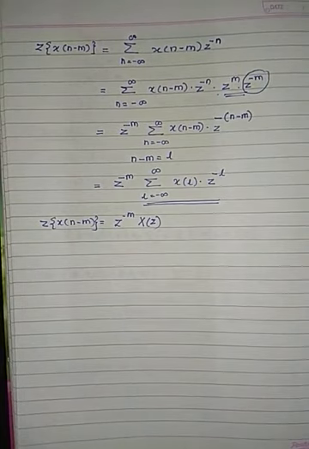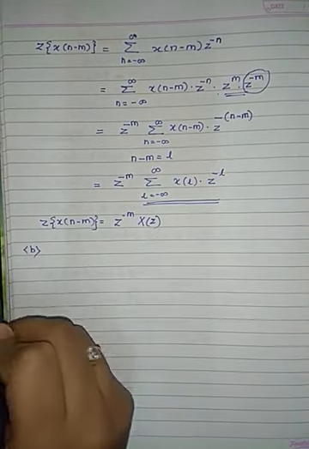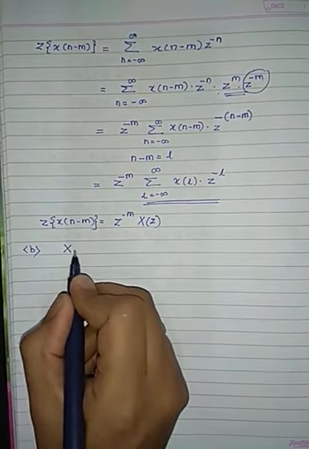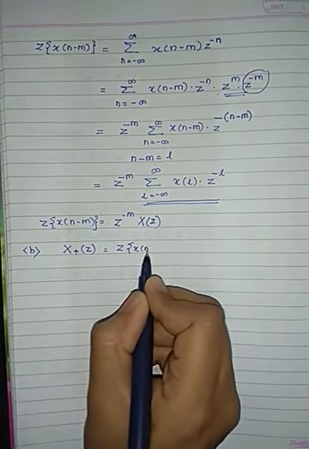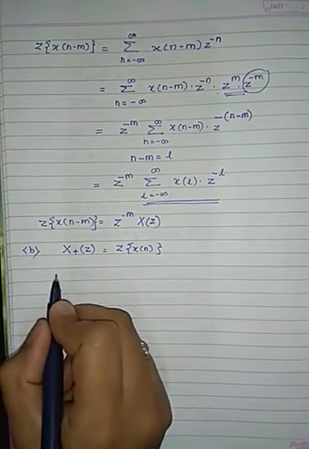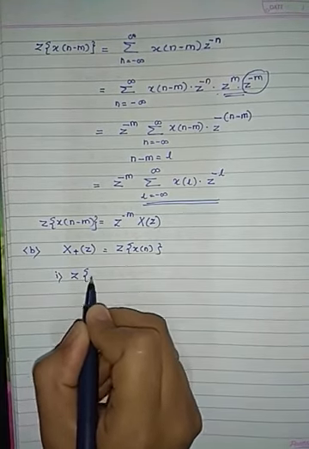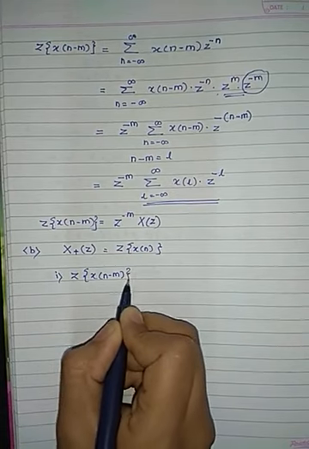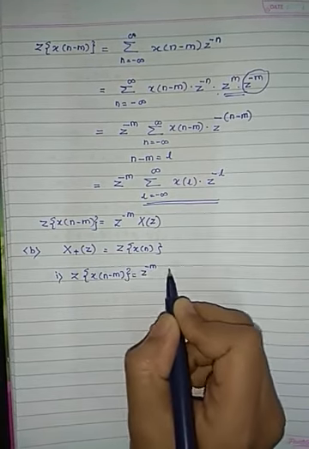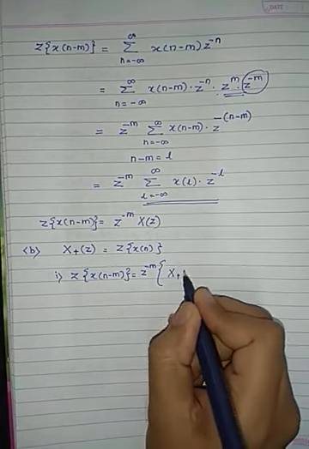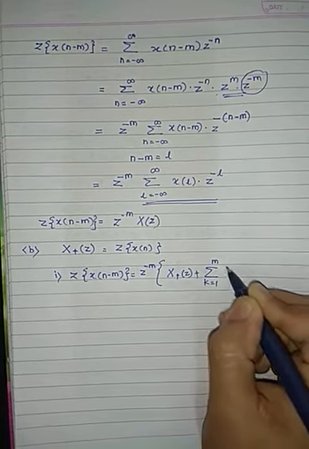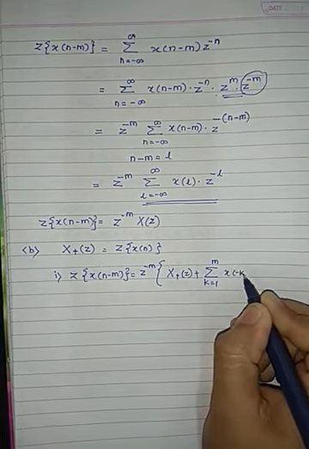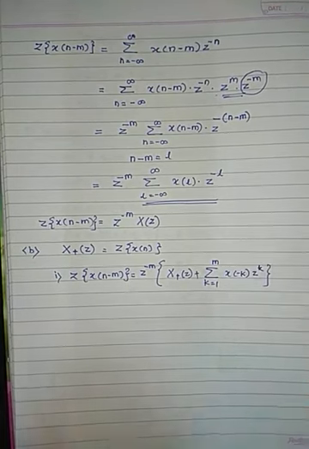Now we will consider one more condition for the time shifting, condition 2. If for a one-sided sequence x of z is equal to the z transform of x of n, then first, the z transform of x of n minus m is equal to z raised to minus m of x of z plus the summation from k equal to 1 to m of x of minus k into z raised to k.